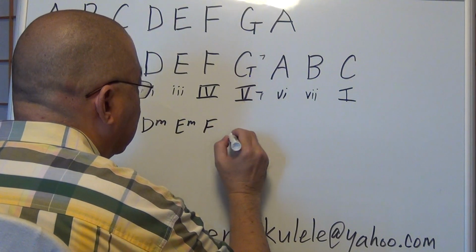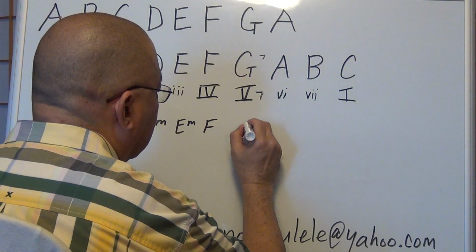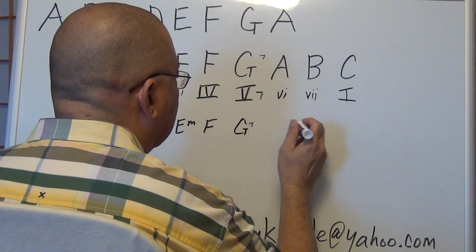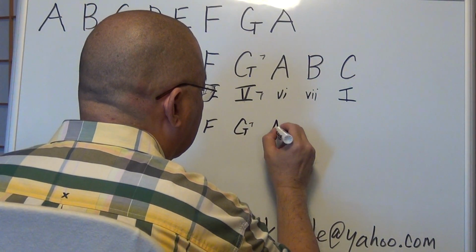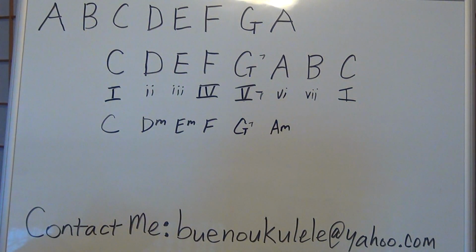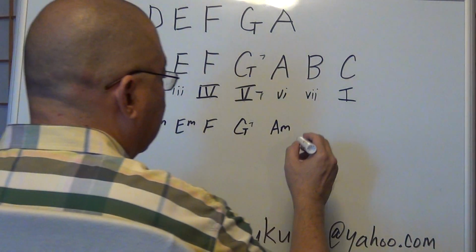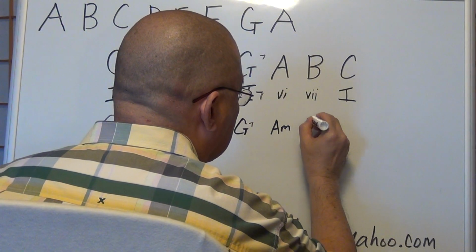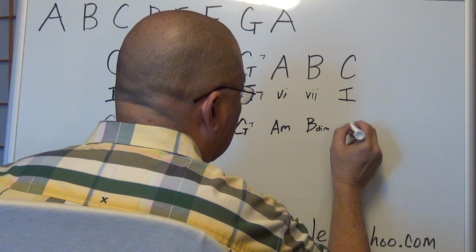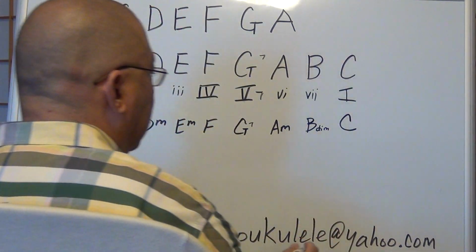That's an F major, and then you got a 5/7. That's a G7. A small G7 there. 6th chord is an A minor. And then you have a B diminished, and then back to the 1 chord, which is a C.